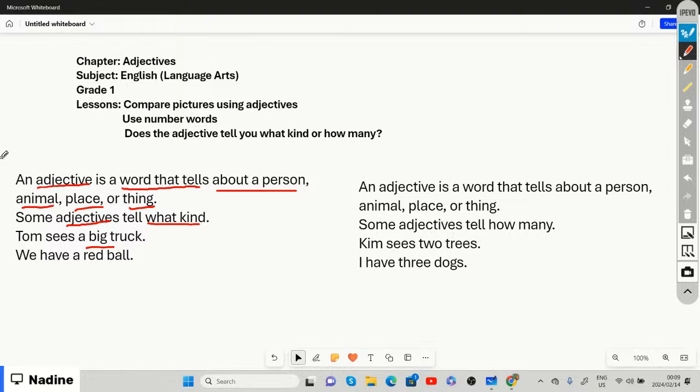I saw a long train. I saw a small car. And we have a red bull, which means that our adjective that tells us what kind will be red. Because now you ask yourself, what kind of bull? You can say it's a red bull, blue bull, green bull, yellow bull.